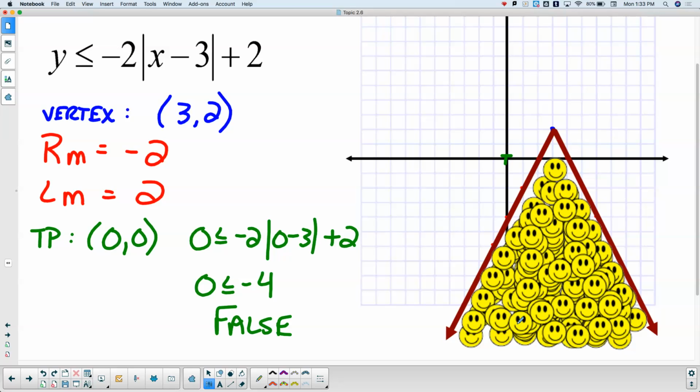True, you shade on that side of the point. False, you shade opposite side. In this case, it's inside or outside. Okay?